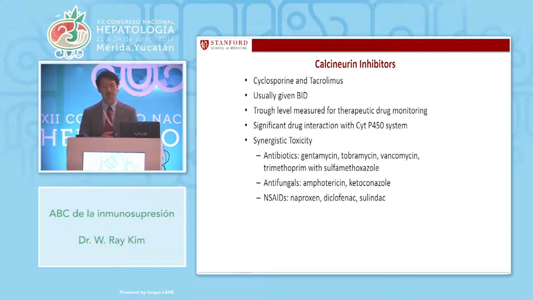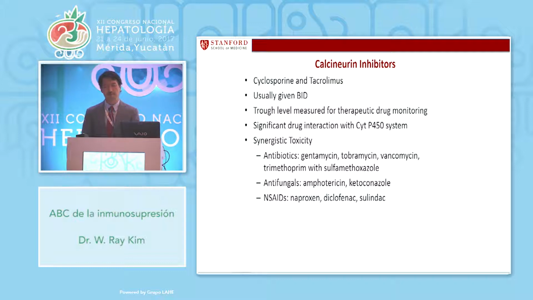Calcineurin inhibitors are cyclosporin and tacrolimus. They are usually given twice daily. Again, we measure trough level, which is 12 hours after the last dosing. We use that as a guide for whether there is enough drug present in the system.